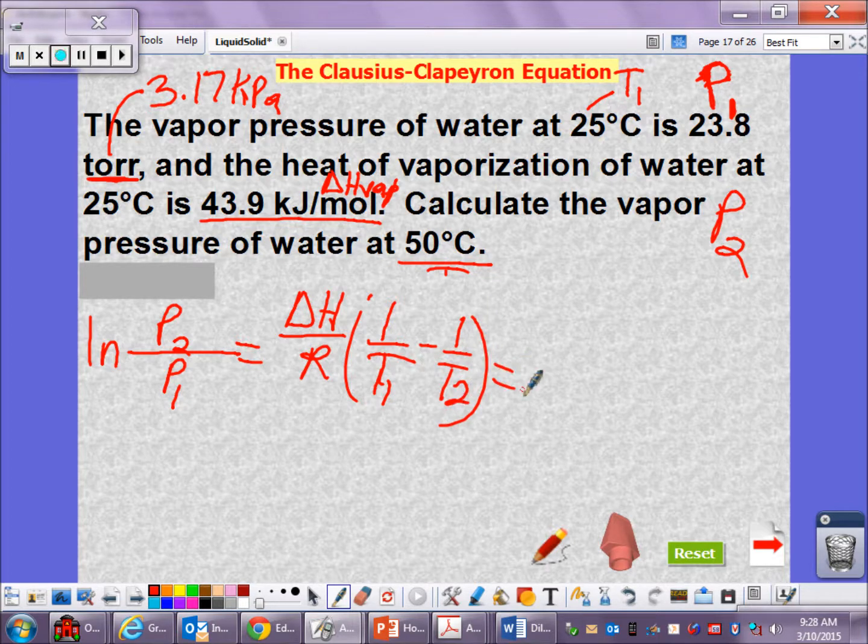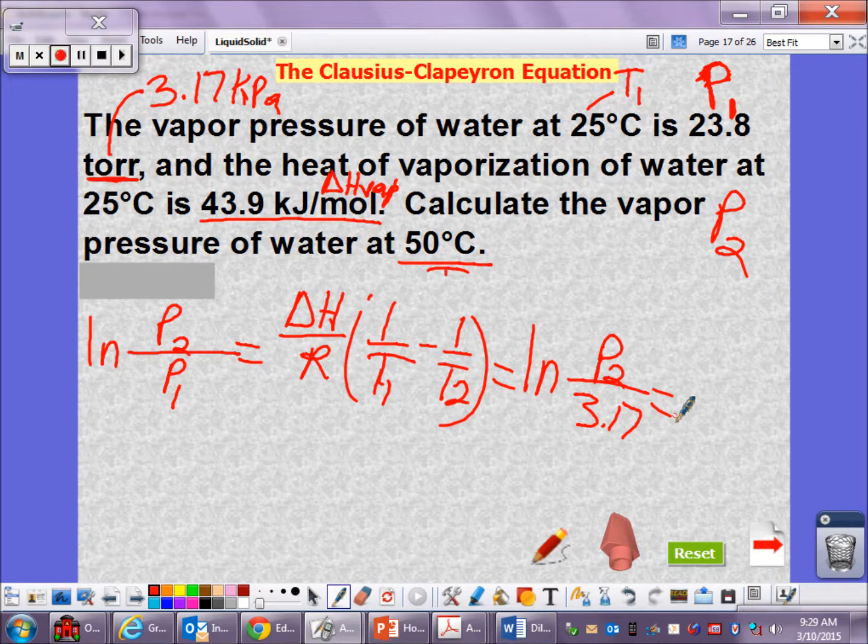So natural log of, it's going to be a lot of math, guys, get ready. Natural log of P2, which is what I'm looking for, over my pressure 1, which is 3.17, equals delta H, they gave it to me, and now we have to be extremely careful.